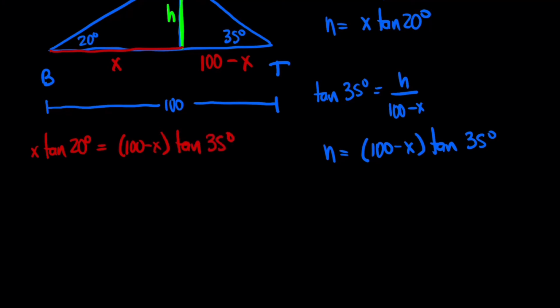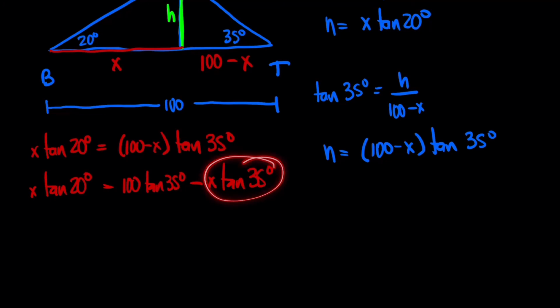So I talked about this before. The level of algebra is going to increase throughout the year to prepare you guys for calculus. And notice here, I've got an X in two different locations, and in this expression, it's bound here. So to free it up a little bit, let's distribute tangent 35 to both of those. Okay, so I've got X tangent 20 equals 100 tangent 35 minus X tangent 35.